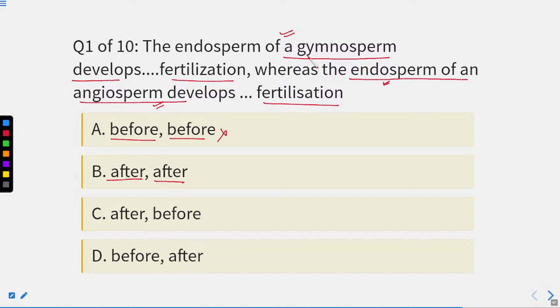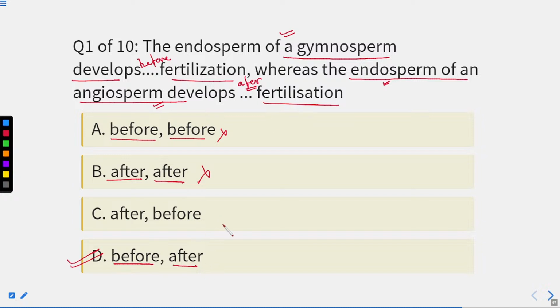It means that in gymnosperm, endosperm formation takes place after the fertilization process, that is the syngamy. No, it takes place prior to the fertilization process in the case of gymnosperm, right? So before in the case of gymnosperm, and after fertilization in the case of angiosperm.